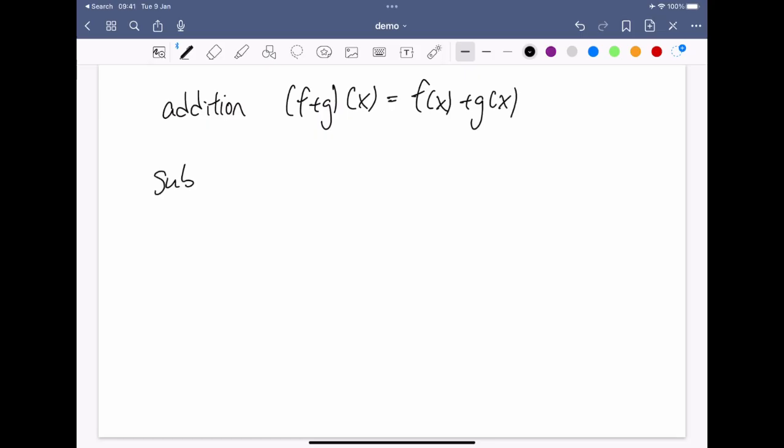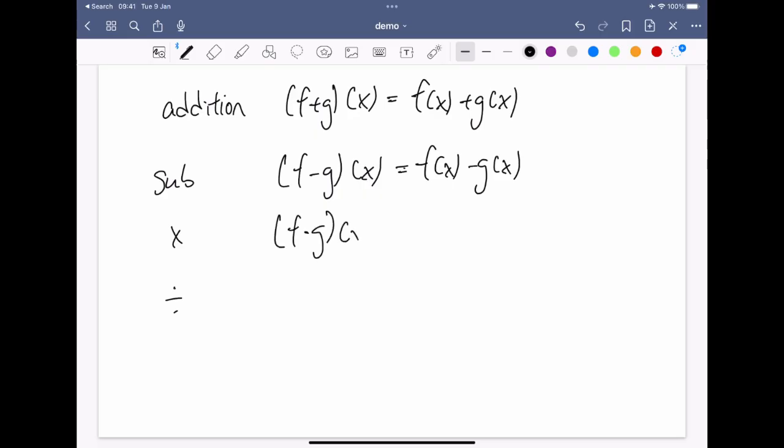Subtraction, again really similar: f minus g of x equals f of x minus g of x. Multiplication and division are also all pretty similar. Again, you have f times g of x equals f of x times g of x.